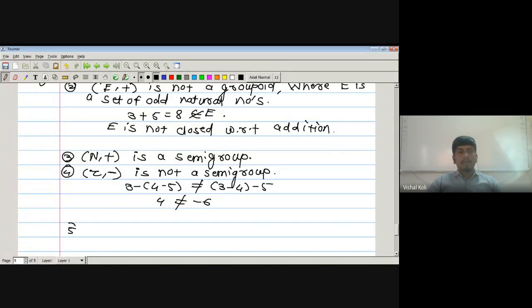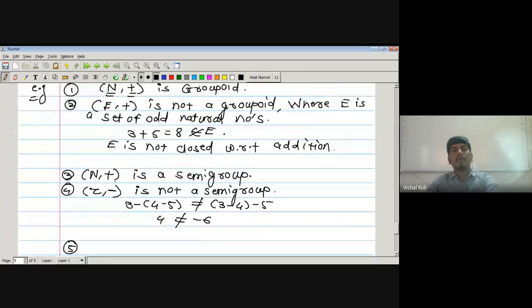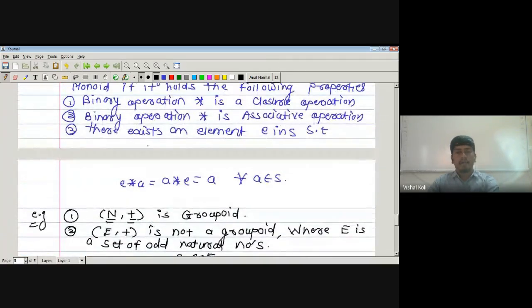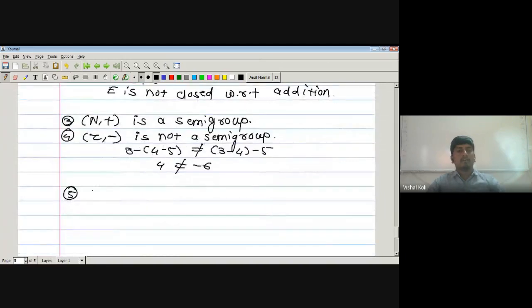Now, the fifth example is an example of a monoid. The set of integers with respect to binary operation dot is a monoid. Since the product of two integers is again an integer, this binary operation multiplication is closed, and multiplication is always associative.